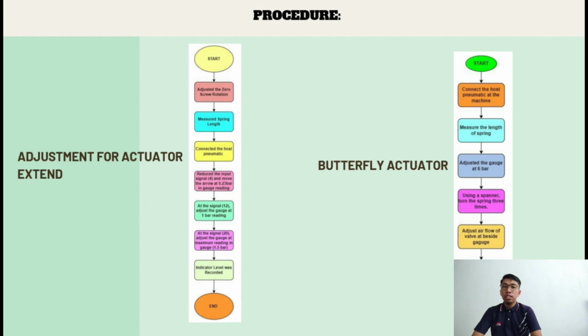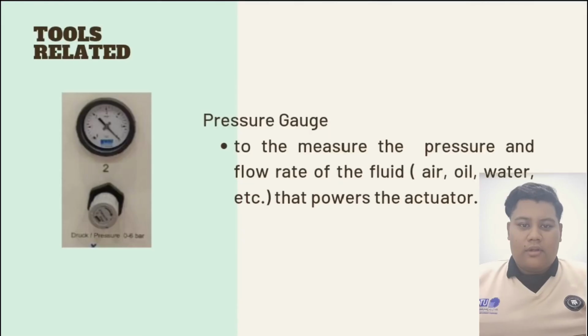The butterfly actuator, we short the spring using a spanner, and then we read the reading that has shown at the pressure gauge. That's all from me, and next I will pass the slide to Muhammad Shafiq bin Zainuddin to continue it.